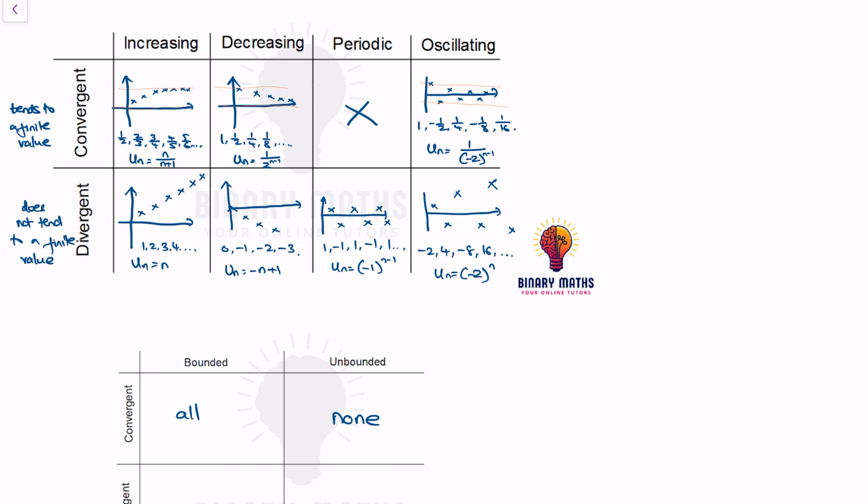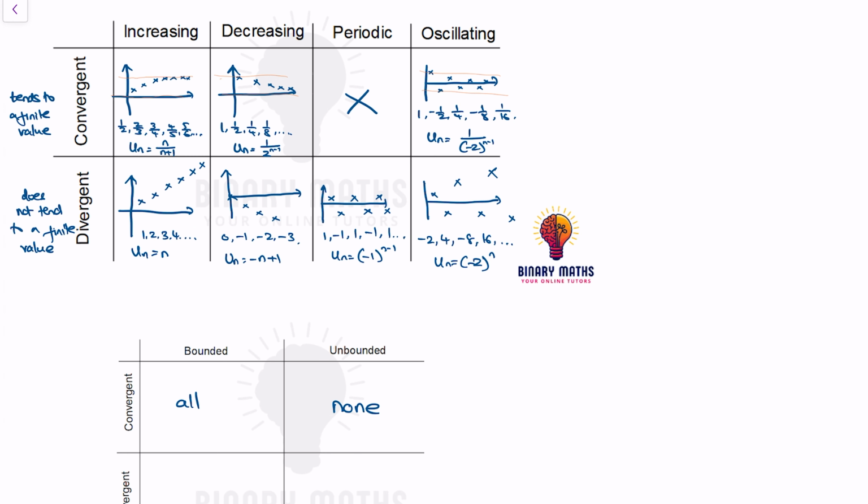Okay, divergent. Which ones are bounded? It might be a periodic one is bounded, yeah? So the only one that's bounded is a periodic one, so something that looks like this goes from 1 to minus 1.